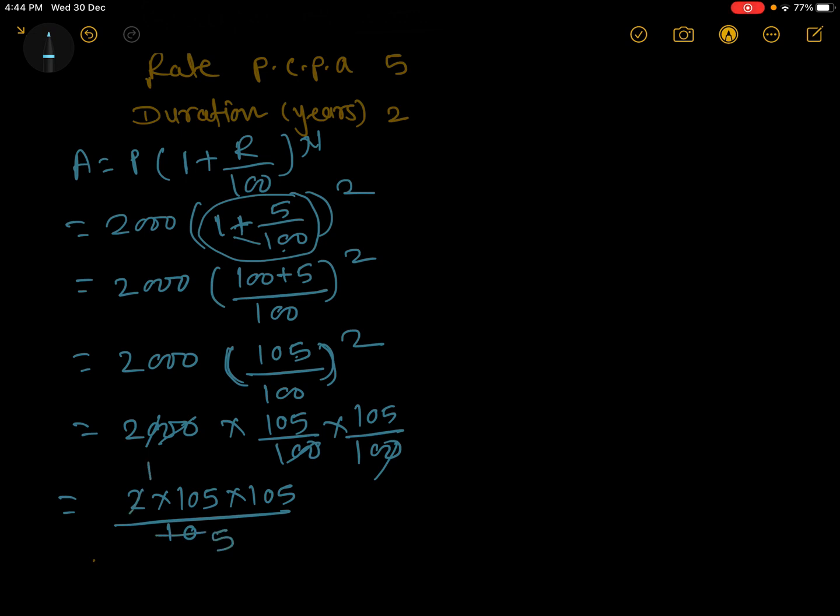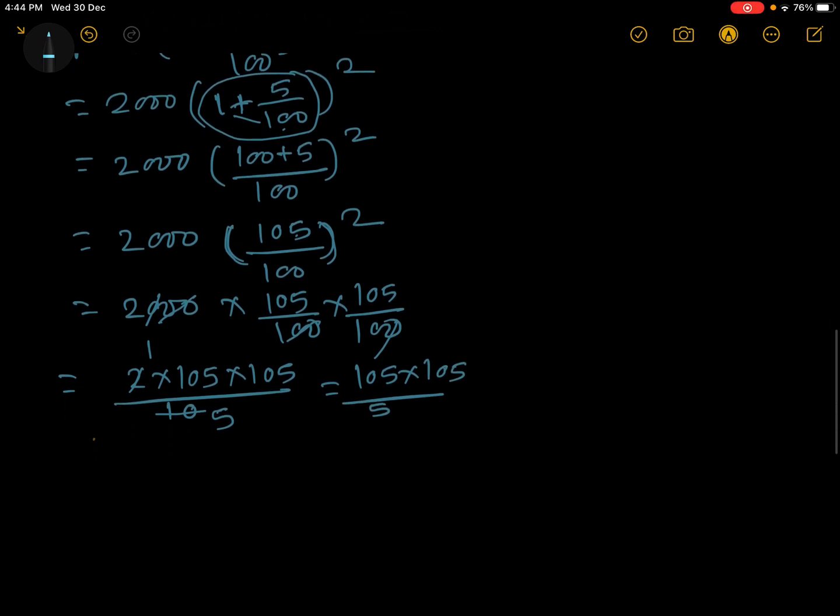2 upon 10, we get 105 into 105 upon 5. Next, we divide 105 by 5, then we get 21 into 105. Multiplication of these two numbers is 2205 rupees.